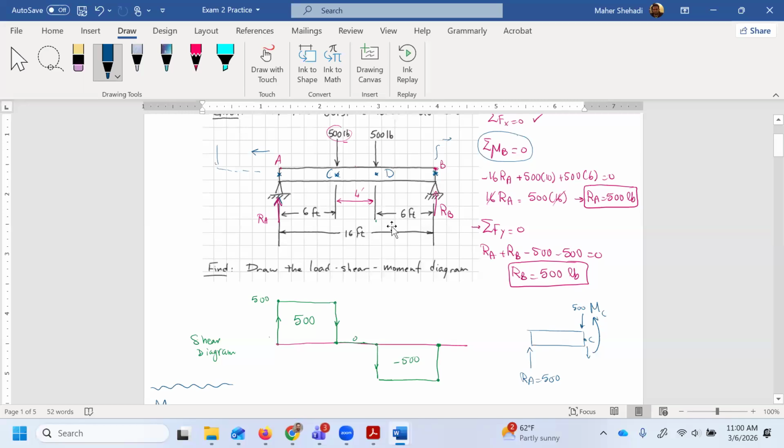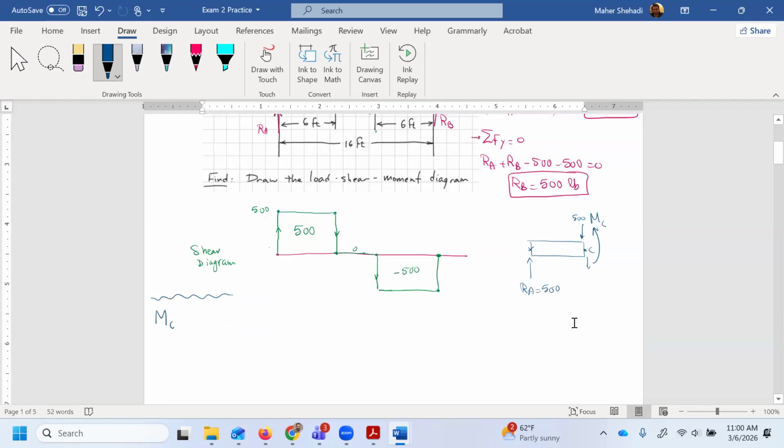However, it is going to affect my answers if we take the moment for the section at A. Should I include this here, or should I include the right side, or should I split it? So to avoid that confusion, just simply take the moment here at C. This is only for this section, equal to 0.